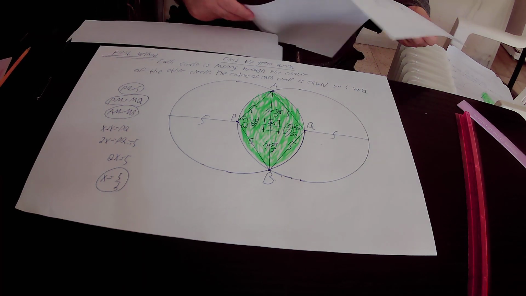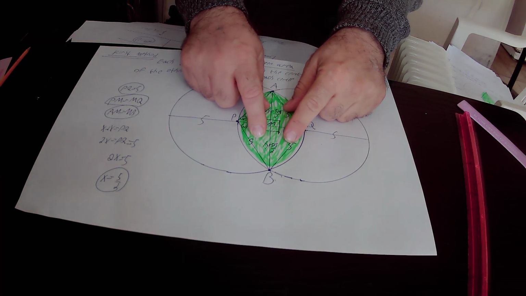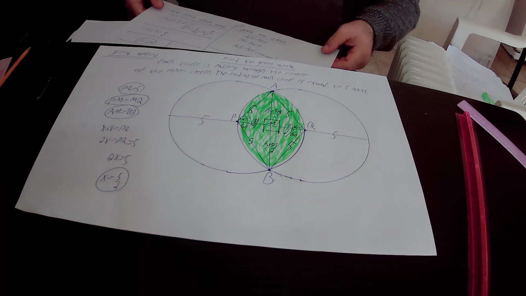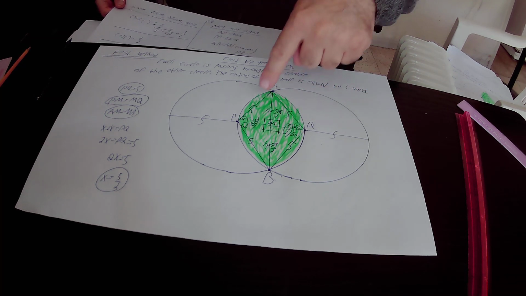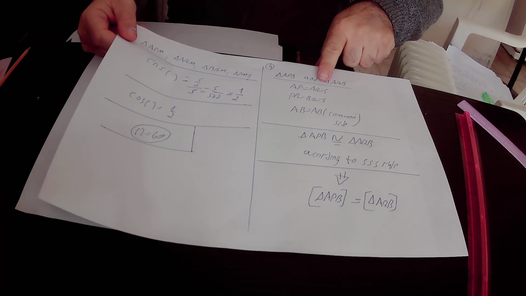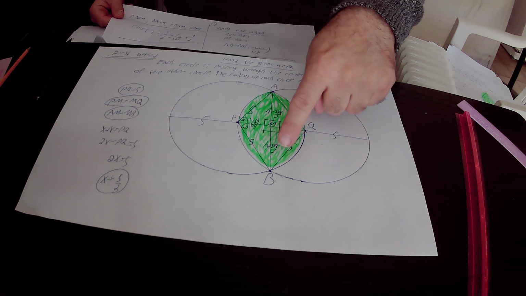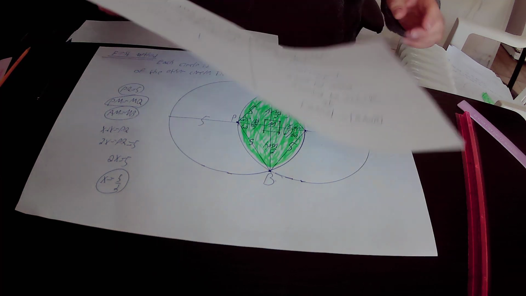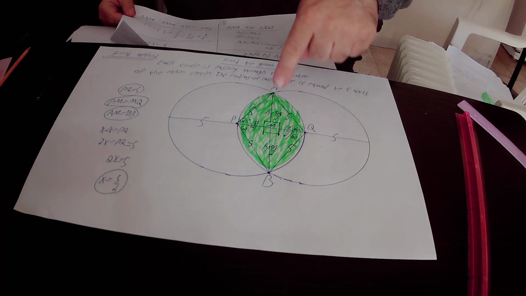Then we proved that those two triangles are congruent. Why? First of all, we know that AP equals AQ equals 5 units, PB equals QB equals 5 units also, and AB equals AB.